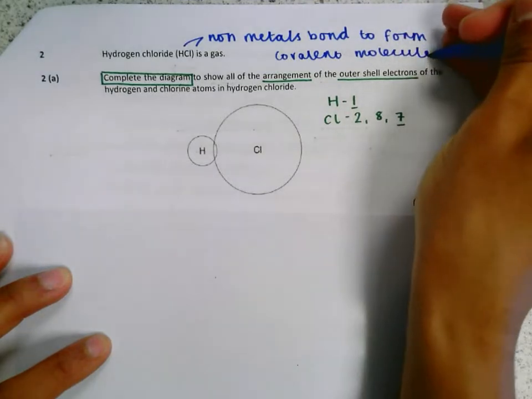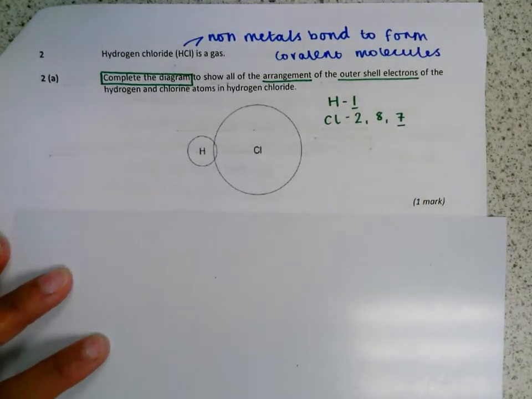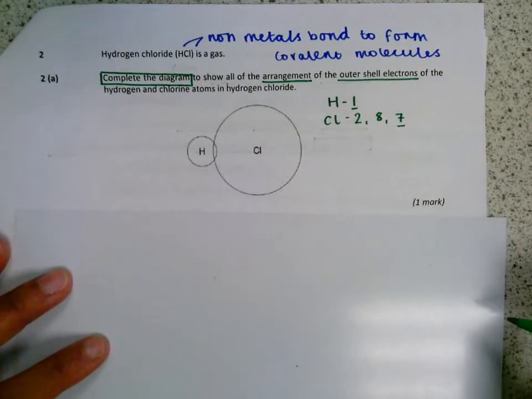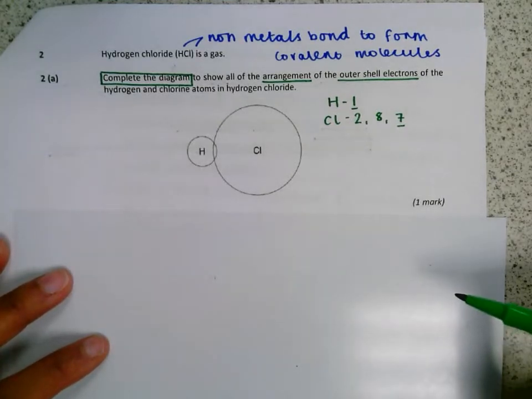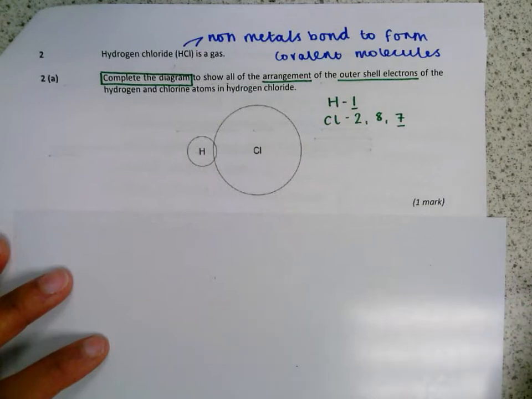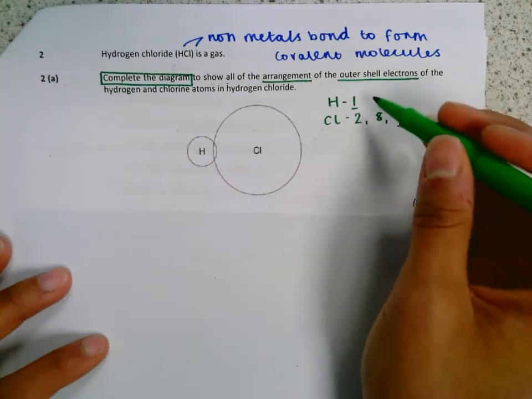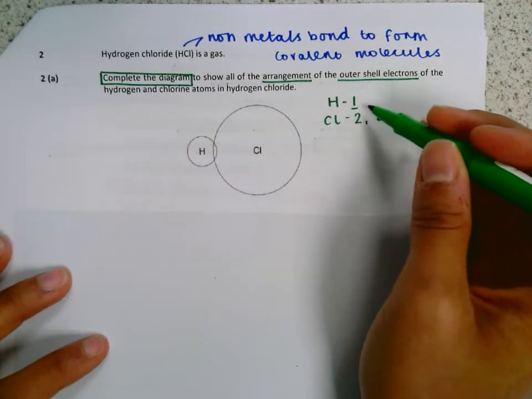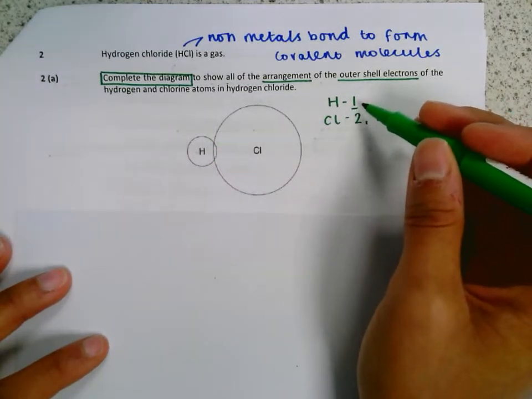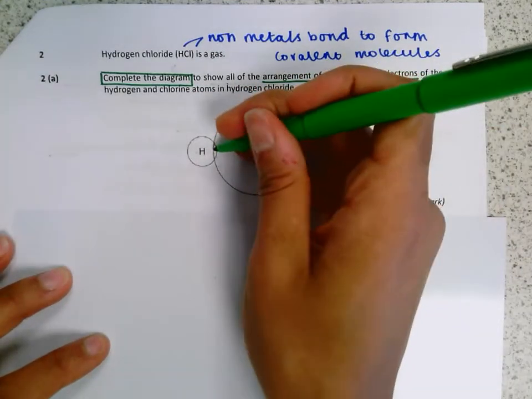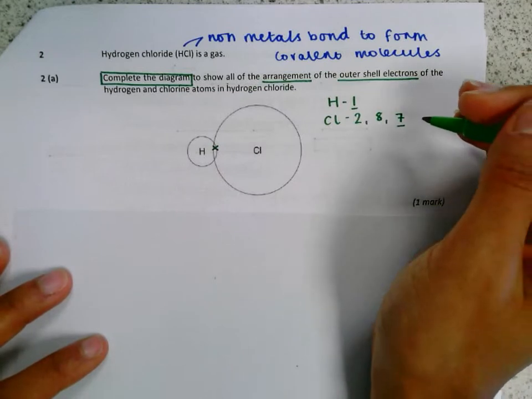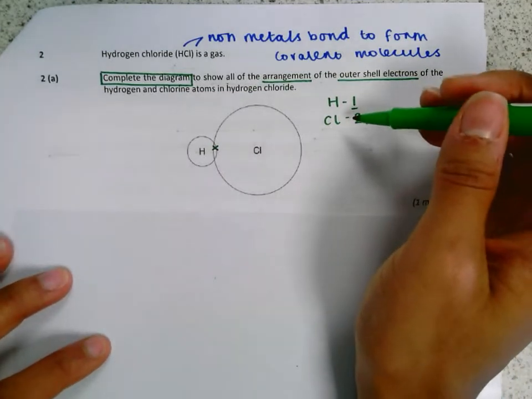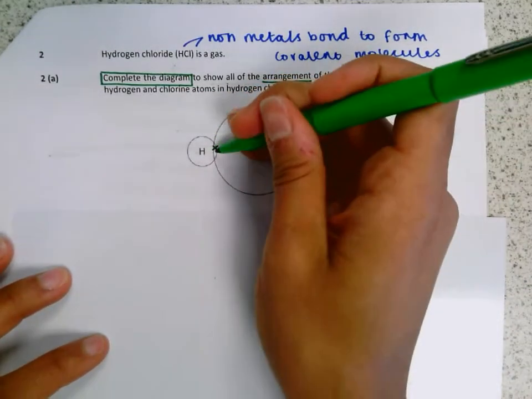And what you need to remember when you're drawing a covalent bond is for every 1 electron shared by 1 atom, it needs to receive the same number of electrons back. So hydrogen, it needs to gain 1 electron to make it 2, so it needs to share 1 electron. It's going to share its 1 electron in that overlap, and it will need to receive 1 electron back from the chlorine for it to be equal.